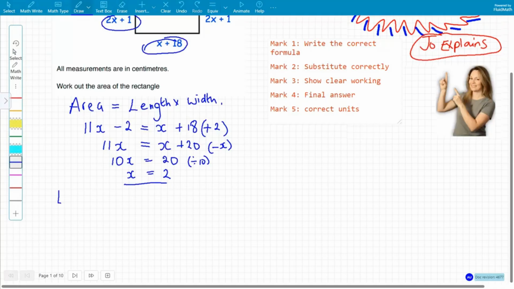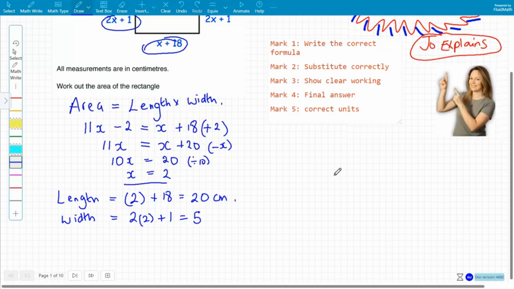So the length of the rectangle, the expression is x plus 18, but now x is 2, so I can say 2 plus 18. So the length is 20 centimeters. I've worked that out. And the width, because it was 2x plus 1, I'm going to sub in 2 in the place of x and work that out. So 4 plus 1 is 5 centimeters.